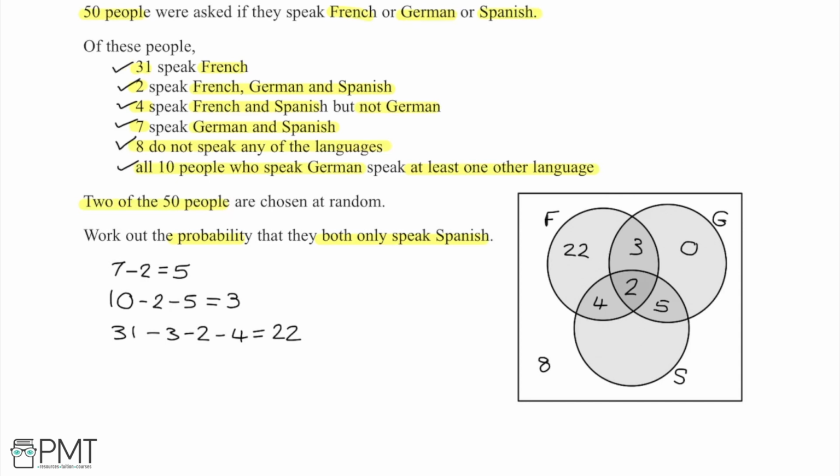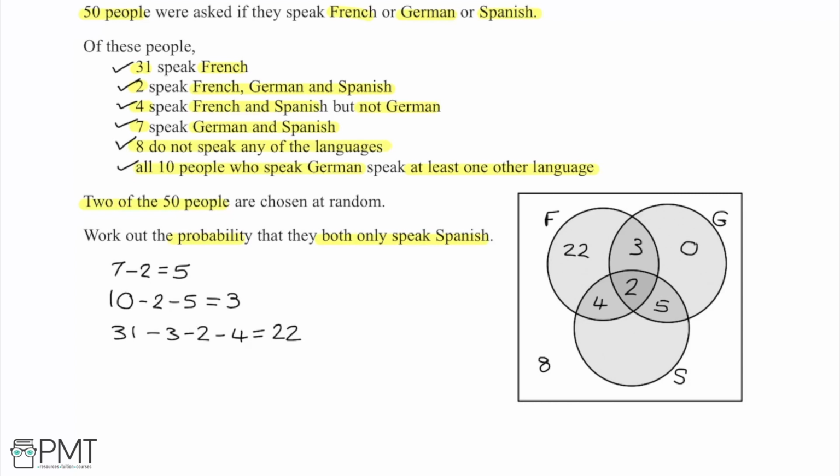And now we've got a lot more of a complete Venn diagram, however we are just missing this one section here. However, this is what we need to work out. So we're working out the probability that they both only speak Spanish. So that is the probability that they're in this section. They only speak Spanish.